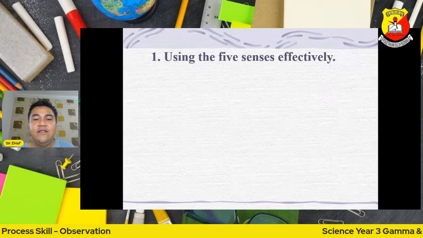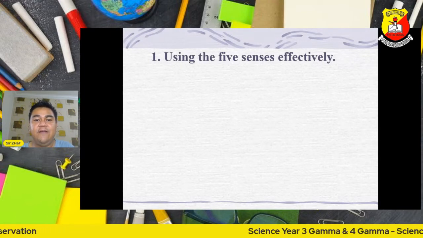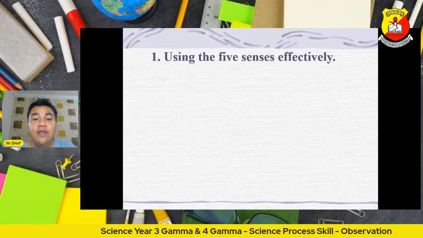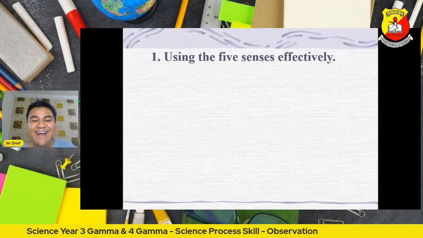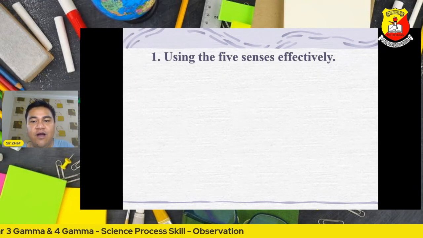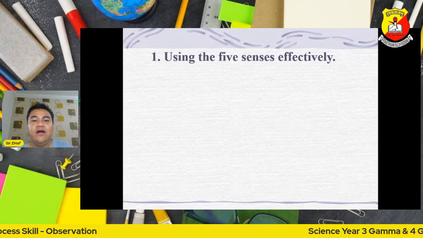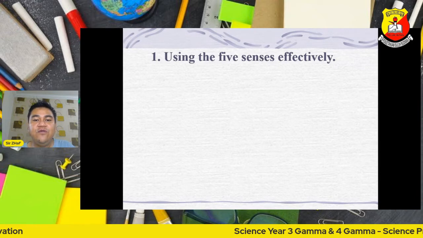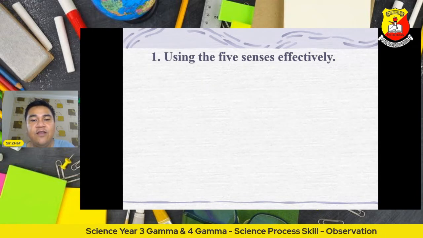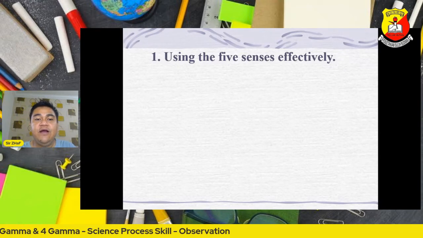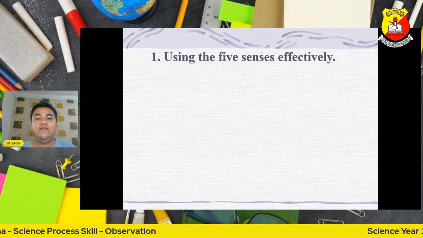The third sense is tasting, and the organ is the tongue, not your mouth. You are tasting using your tongue, not your mouth. The fourth sense is hearing, and the organ is the ears.